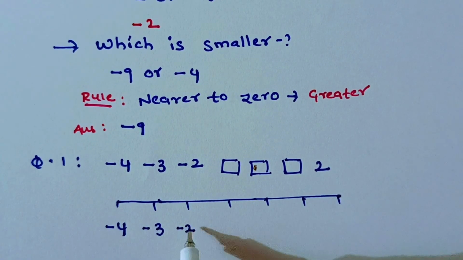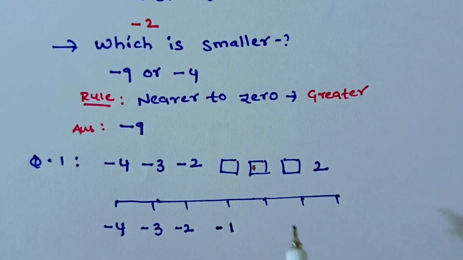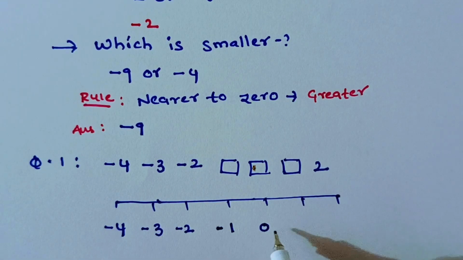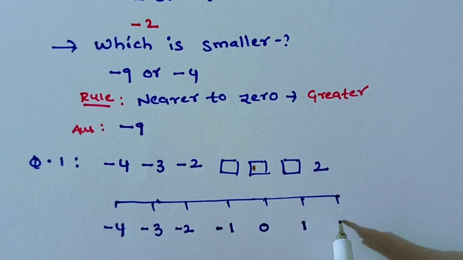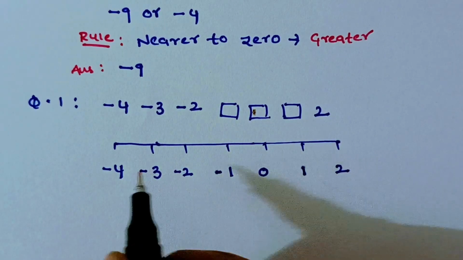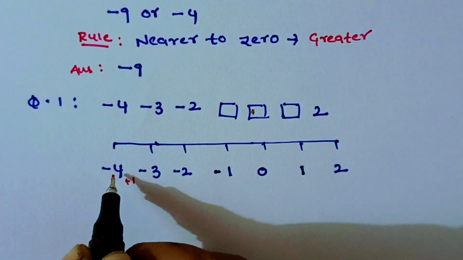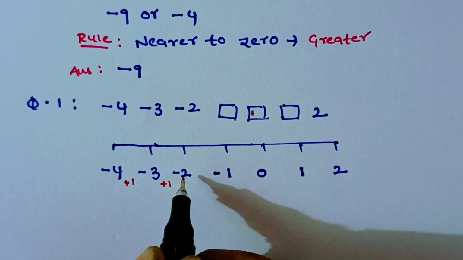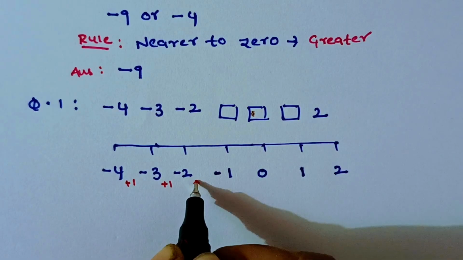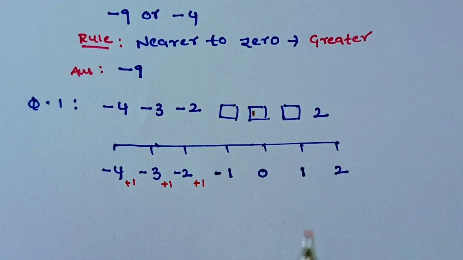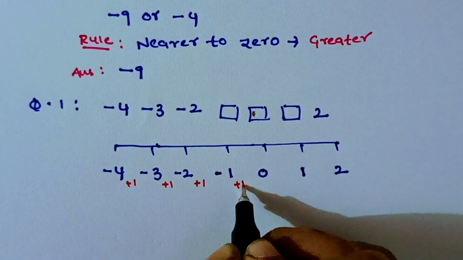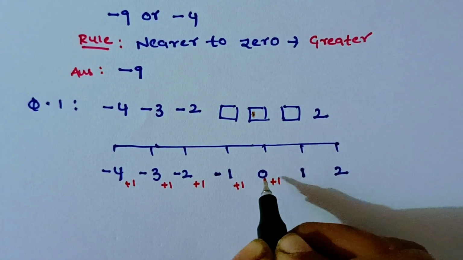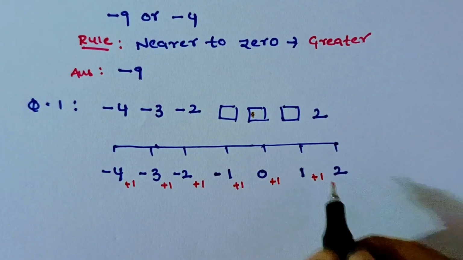Then -2 increases by 1, -1. -1 increases by 1, 0. 0 plus 1 means 1. 1 plus 1 means 2.